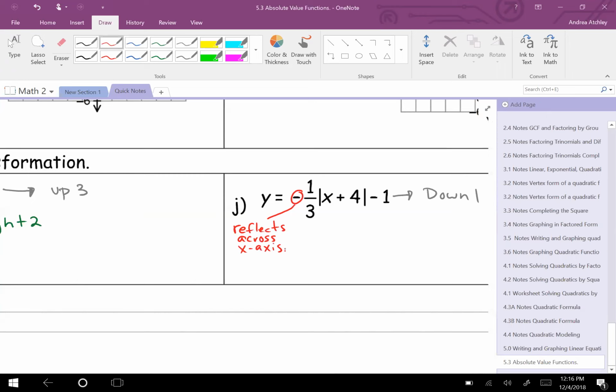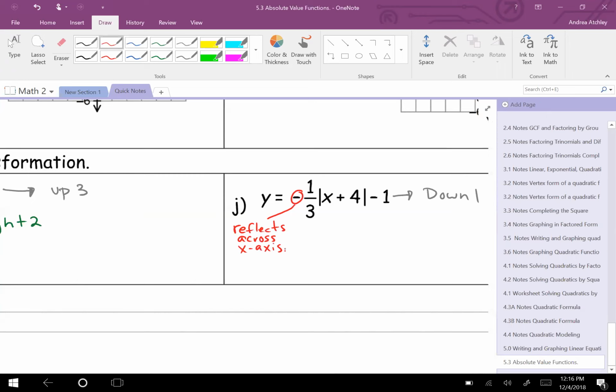Okay, now let's review how to graph. Graphing is going to be very similar to graphing a parabola. So it should be fairly easy for us. We've done this a lot. You first want to identify the vertex. Good.